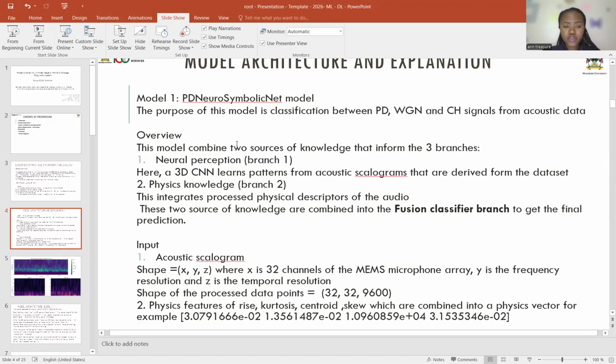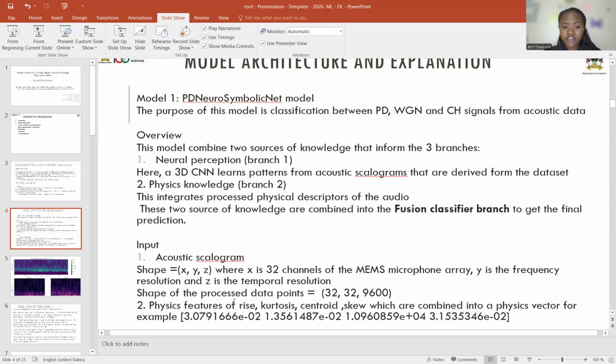With the neural perception, here we have the three-dimensional convolutional neural networks that learn patterns from the acoustic scalograms that have been derived from the data set, and we have the physics knowledge that is informed by the processed physical descriptors of the audio. The input is an acoustic scalogram, the scalogram being like an image of the wave, and this is the shape of the scalogram, which shows that it's 32 channels, the frequency resolution, and the temporal resolution.